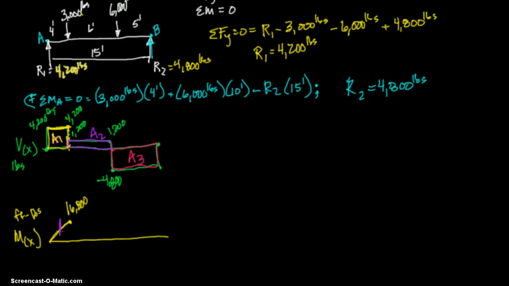Alright, actually I won't move on, I'll stop real quick. You could take it at 2 foot, and at 2 foot would be right here. It would be the area under that, which is not a curve, it's area under a square. It would be half that. So it's 4,200, that'd be half, so 8,400 at 2 foot. You could do that anywhere. And that's kind of the benefit of doing a shear and moment diagram, because you will know the moments in the entire beam.